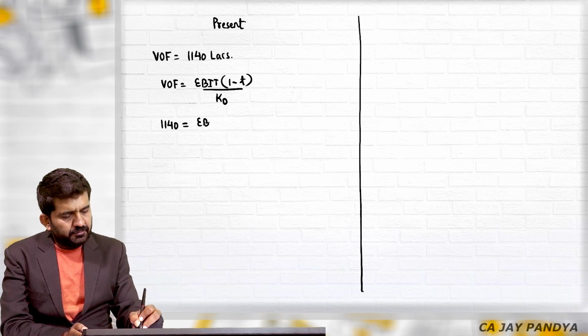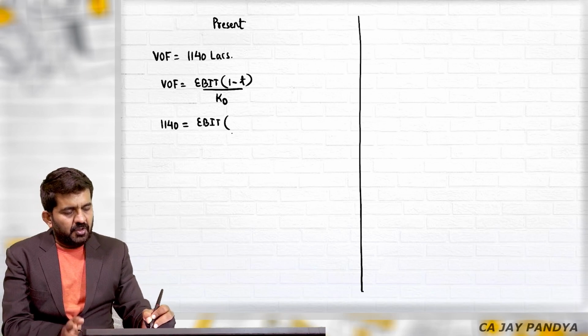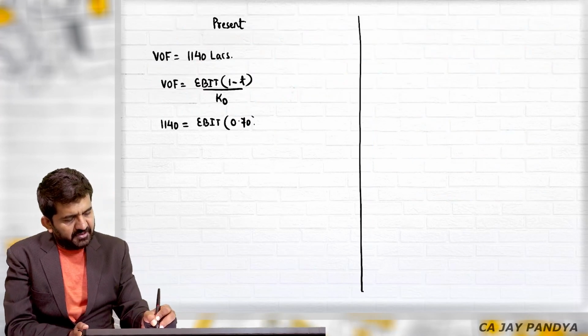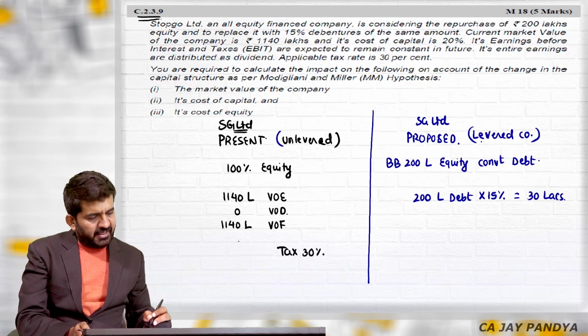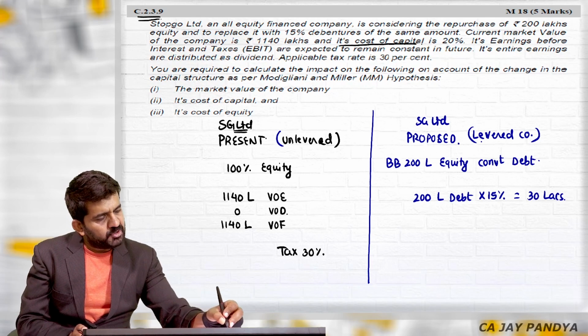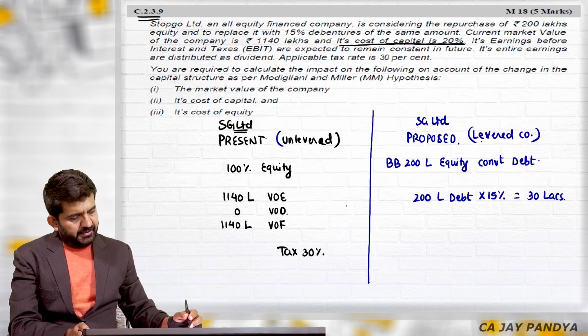EBIT we don't know. 1 minus T, tax rate is 30%, so it is 0.70, upon KO. And its cost of capital is 20%.